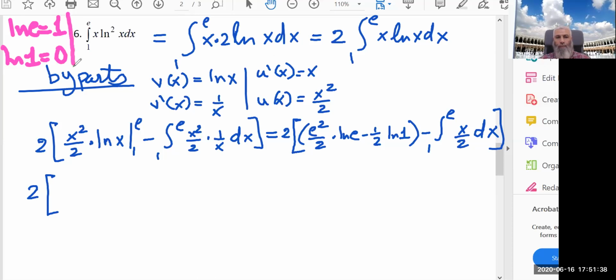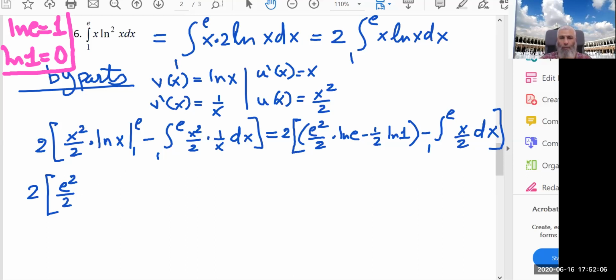Okay? Yes, okay. So e squared over 2 is the same, but ln e is 1, minus 1 over 2 ln 1. Ln 1 is 0. So this is 1. This is 0.